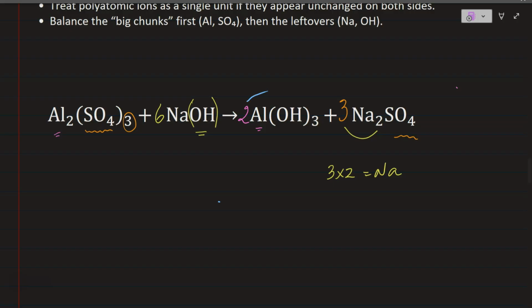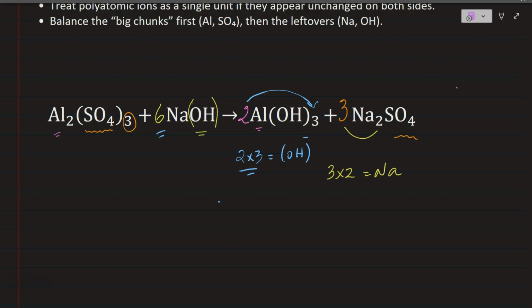Well, this is 2 times 3. Do you see that? 2 times 3. That's how many hydroxide ions we have. So we have 6 there, and we have 6 here already by default. Luckily we got it, so we're done. We're not doing anything else. It's already balanced, and this is the full balanced equation that you got.